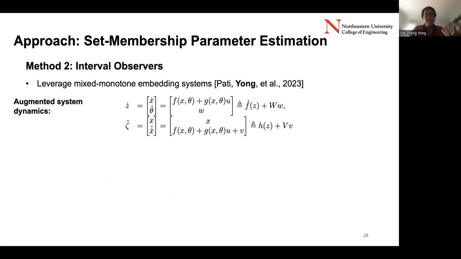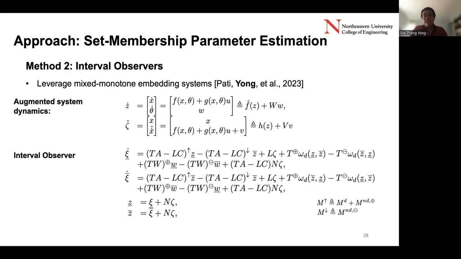Basically, we leverage mixed monotone embedding systems, and we do that for this augmented system dynamics so that the parameter becomes part of the state of the system. Using that, we can just write down the interval observer using these mixed monotone embedding systems that I talked about. And then we will have this parameter set estimate at all times.